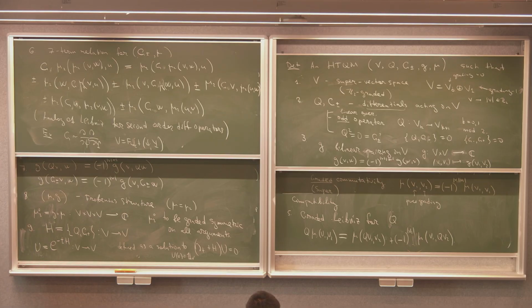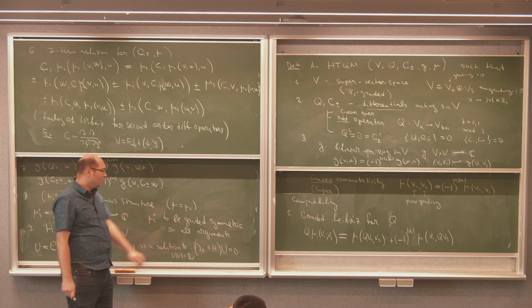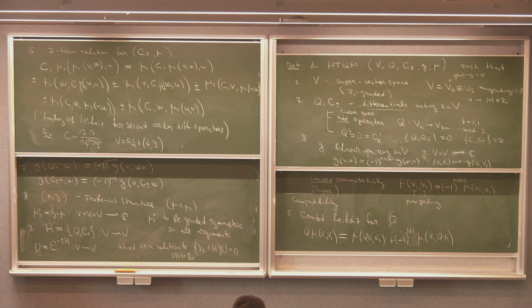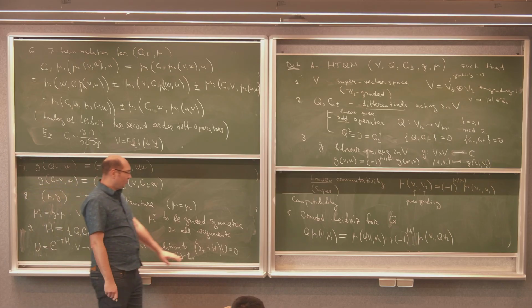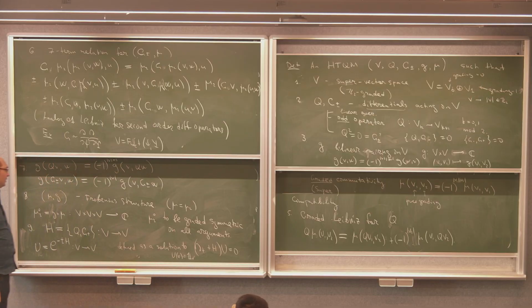Once again, if V is finite dimensional, then H is some finite dimensional matrix. We can choose some basis in V and express H as a finite dimensional matrix. And then we can treat e to the minus tH as a usual matrix exponent. So in a finite dimensional case, we don't need to go through this complicated stuff. But unfortunately, for our applications, we will need V to be infinite dimensional, and that's why we need to go through this more careful definition.